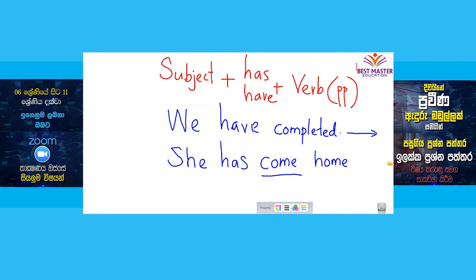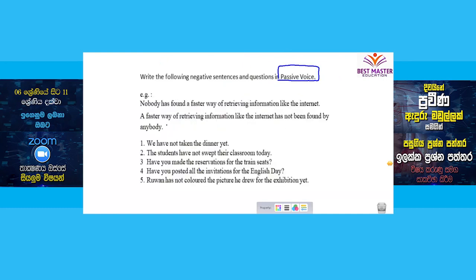I think you may have some knowledge about the passive voices. In your books, we have some exercises to do with the passive voices.